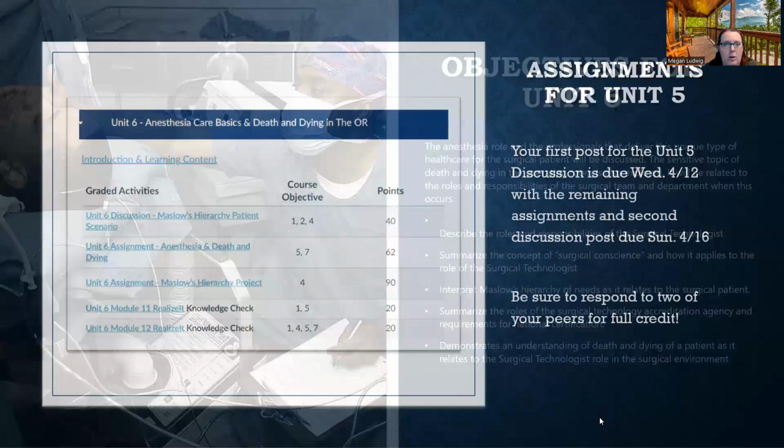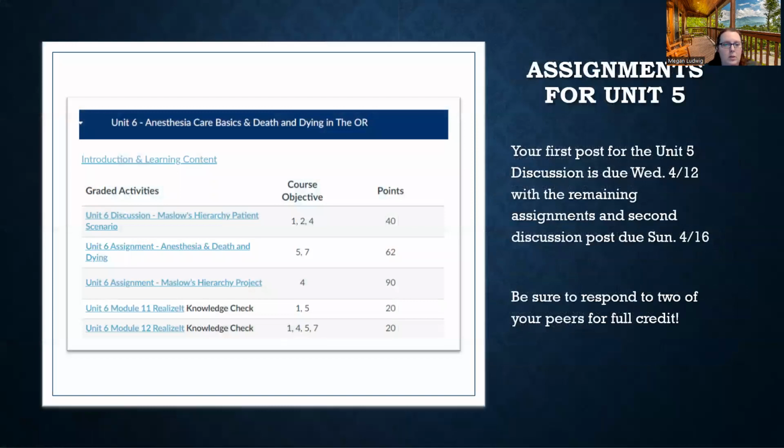So here are your assignments for this week, Unit 6. A couple big points here, so make sure you get those in on time and that you're doing those fully, checking the exact things that you need to be doing, the rubrics, etc. Get your first discussion post in by this Wednesday, and make sure you get two responses to your peers for full credit, okay?